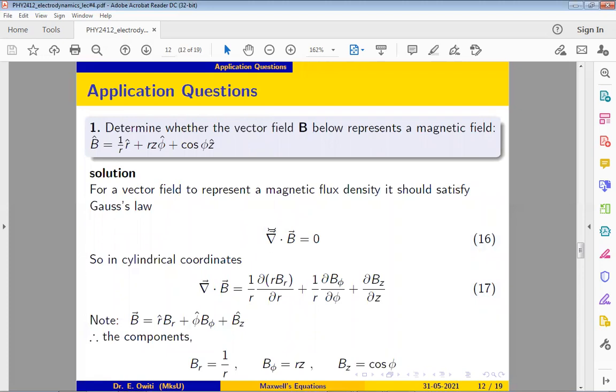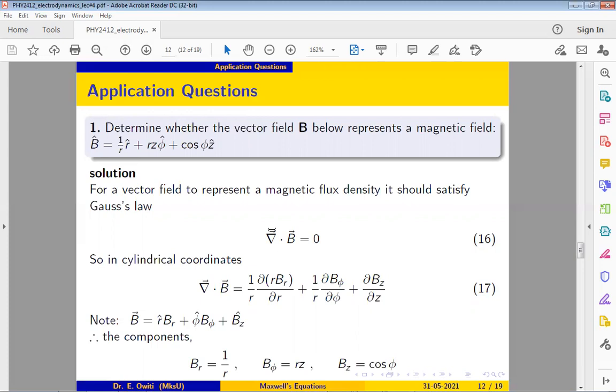Now, these are the questions. The first one is determine whether the vector field B below represents a magnetic field, which is B equal to 1 over r in the direction of r, r z in the direction of phi, cos phi in the direction of z.